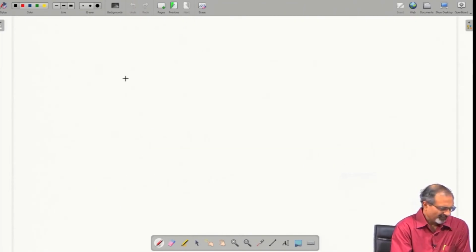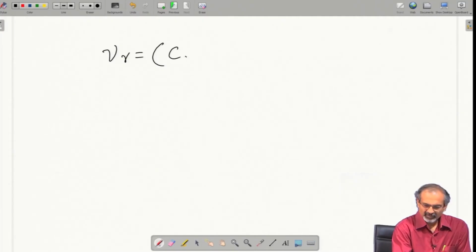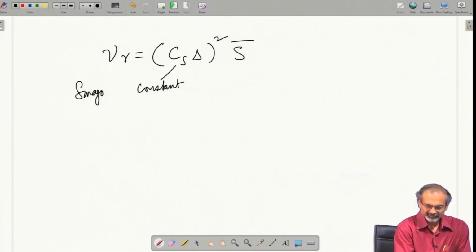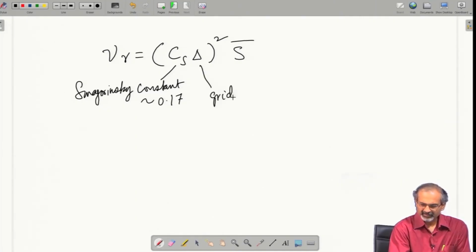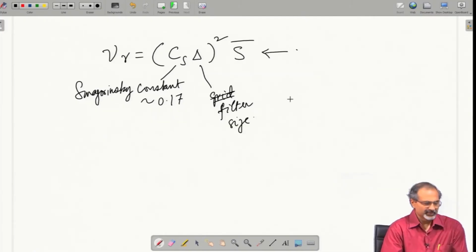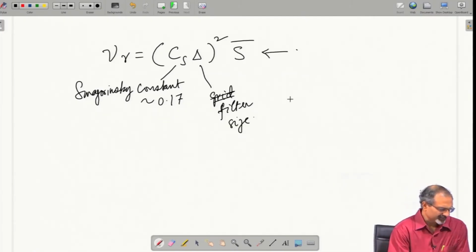And finally, that length scale is expressed in terms of a product of a constant, which is often called the Smagorinsky constant and is of the order of 0.17, and the grid or rather the filter size and the characteristic filtered rate of strain, which we already defined.